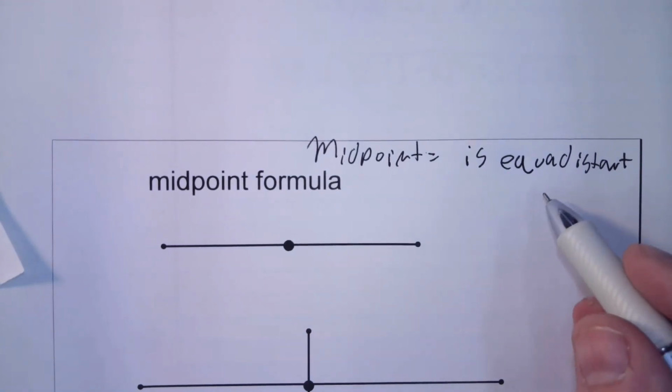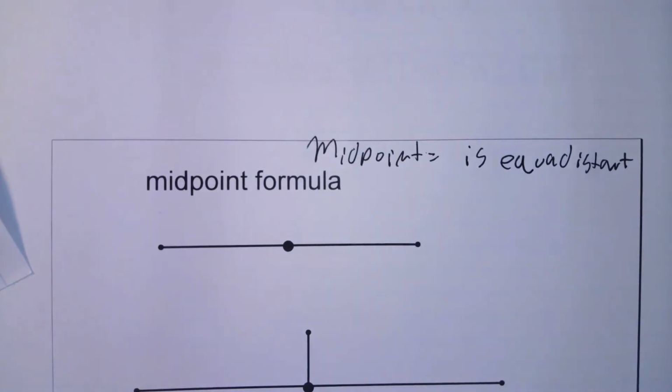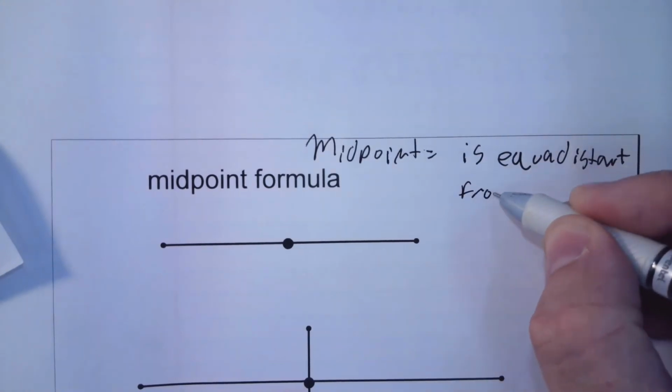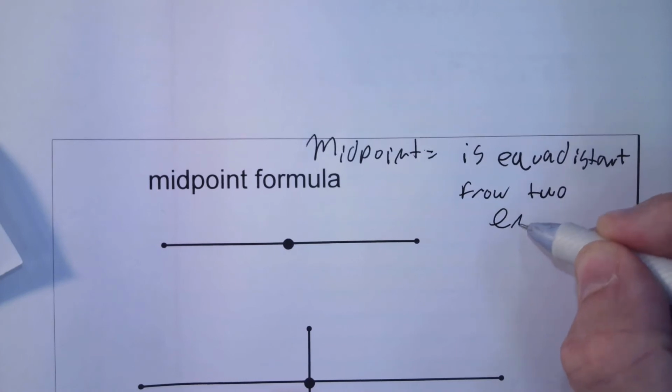I think I spelled it right. I'll double check it in a second. What do we think equidistant means? Equal distance, same distance. A midpoint is equidistant from two endpoints.